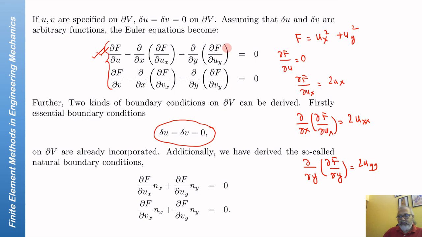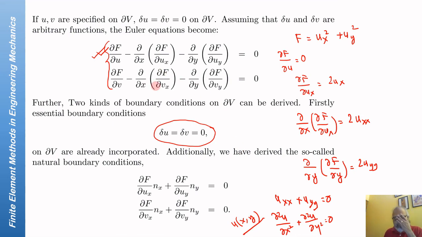So this first equation becomes uxx plus uyy equal to 0, which is the same as del square u del x square plus del square u del y square equal to 0, from which you have to find the function u(x,y), which satisfies whatever essential boundary conditions you specify on the problem.